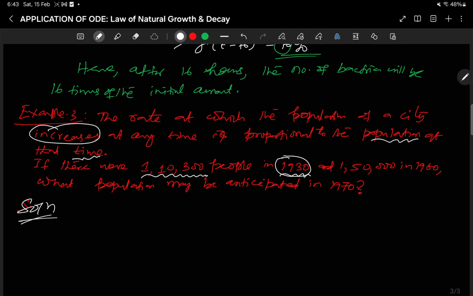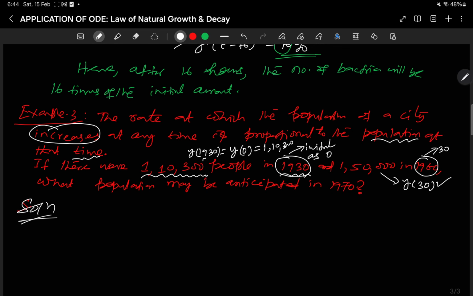If I take 1930 as initial, shifted to 0, I can write y of 0 as 1,10,300. This is converted to make the calculation easier. So if 1930 is 0, then 1960 will be 30, and y of 30 will be this much.